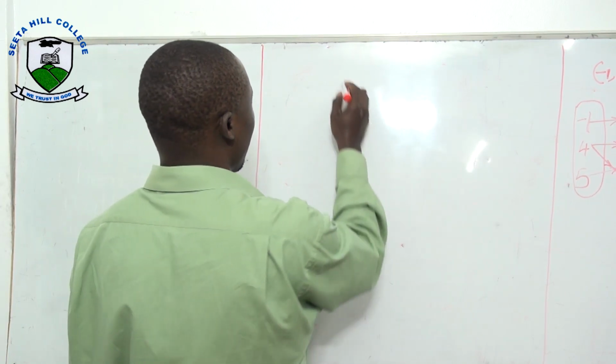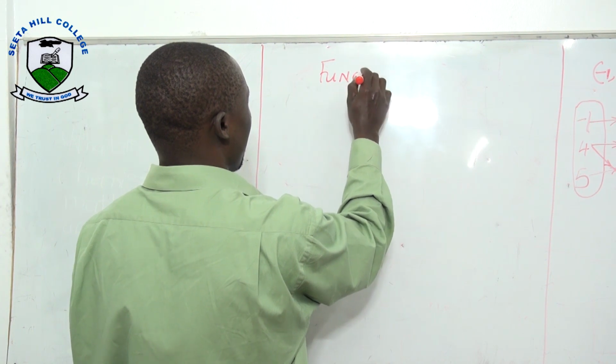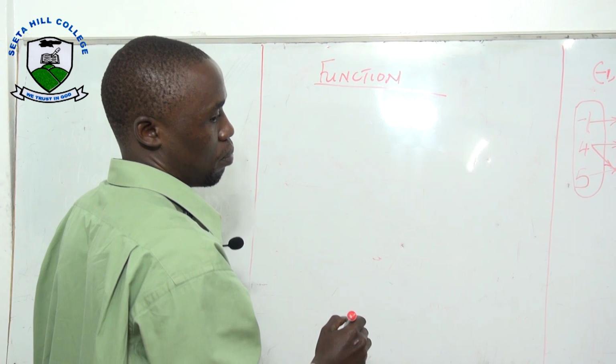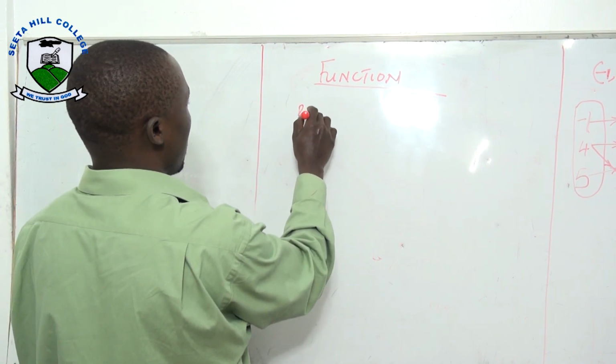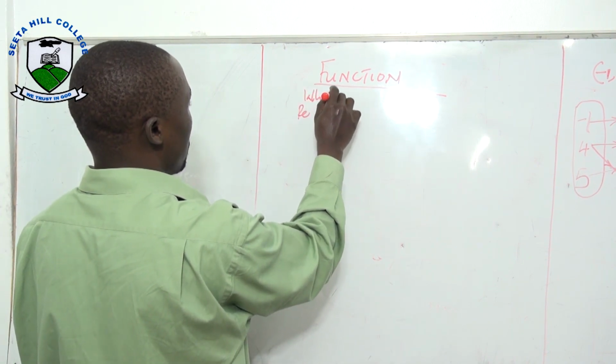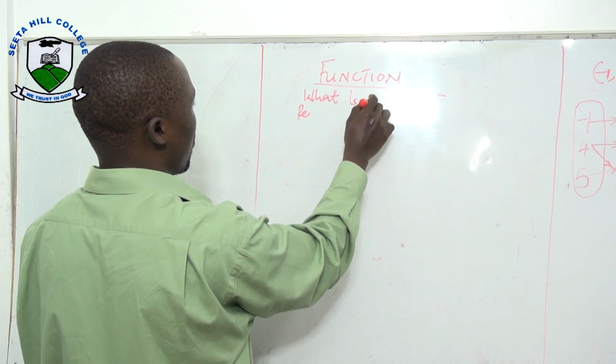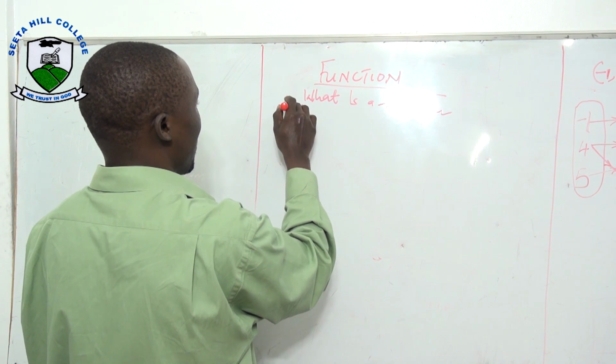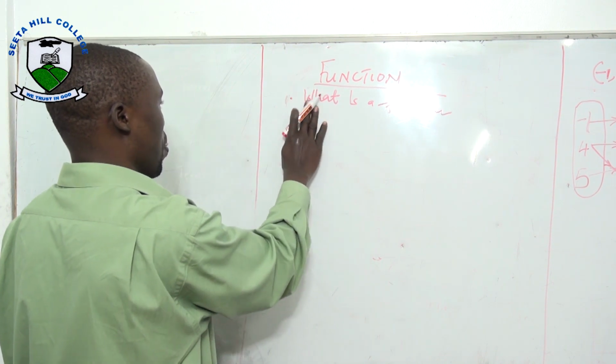A function is just a one to one mapping. Have we captured the meaning of a function? What is a function? A function is a one to one mapping.